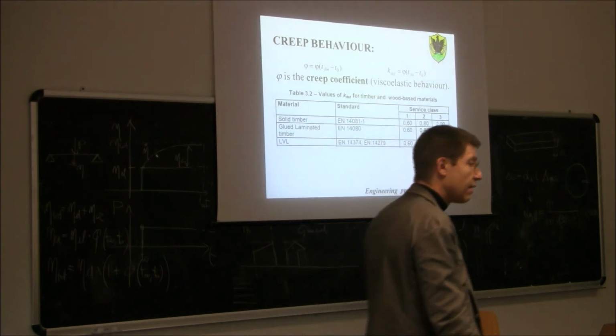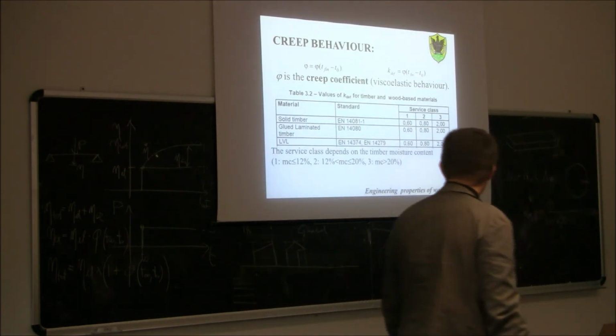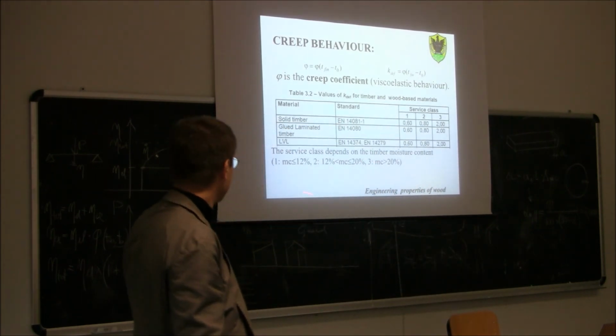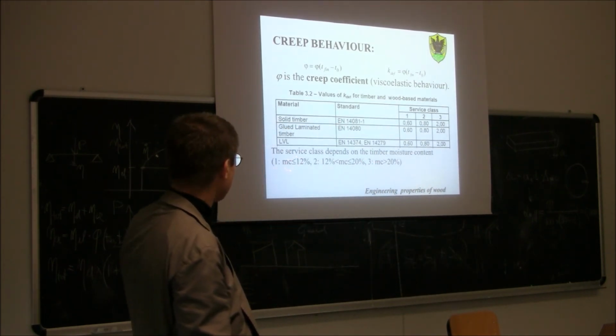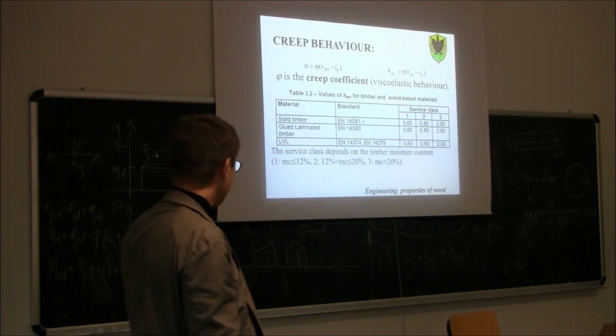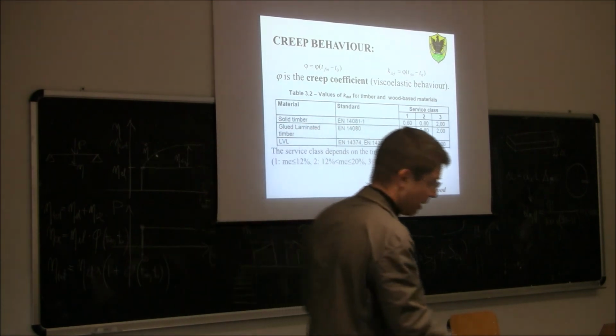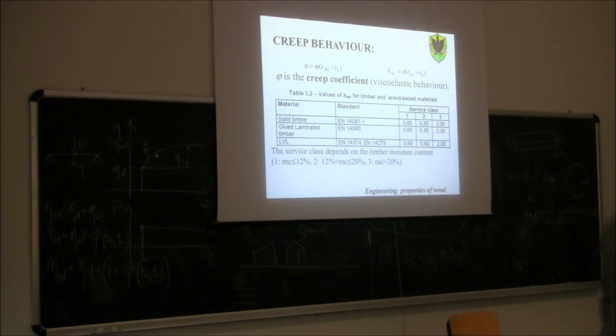We will study this later on. For the time being, service classes depend on the timber moisture content. Service class 1, moisture content of timber less than 12%, service class 2 between 12 and 20, service class 3 above 20%. As I anticipated before, the higher the moisture content, the higher the creep coefficient.